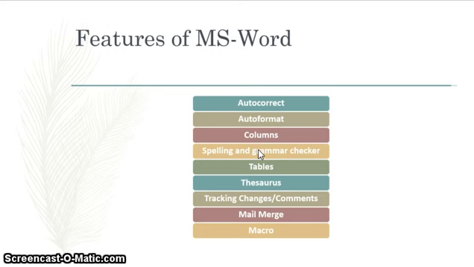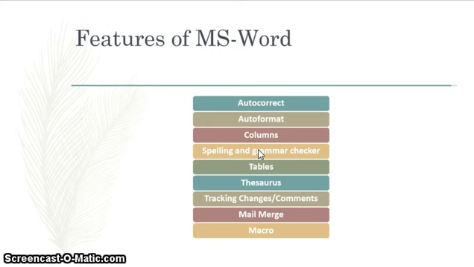Next is spelling and grammar checker. Sometimes your spelling is wrong. Then Word automatically creates a red line below that word, asking you to check the spelling of this word, as it might be wrong, and it shows options for the correct spelling of this particular word.